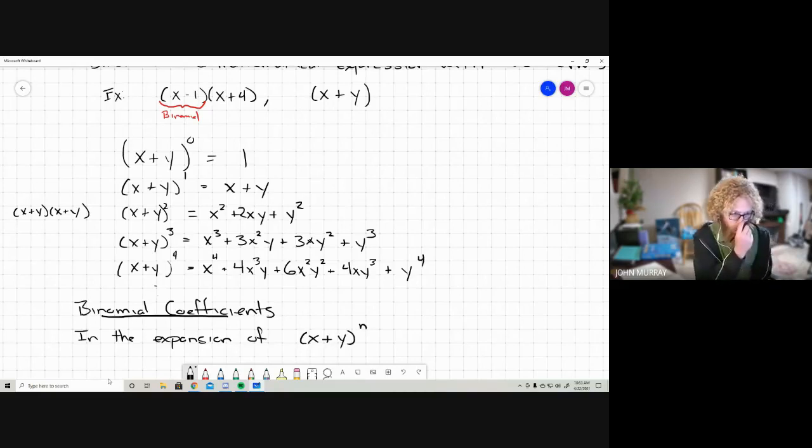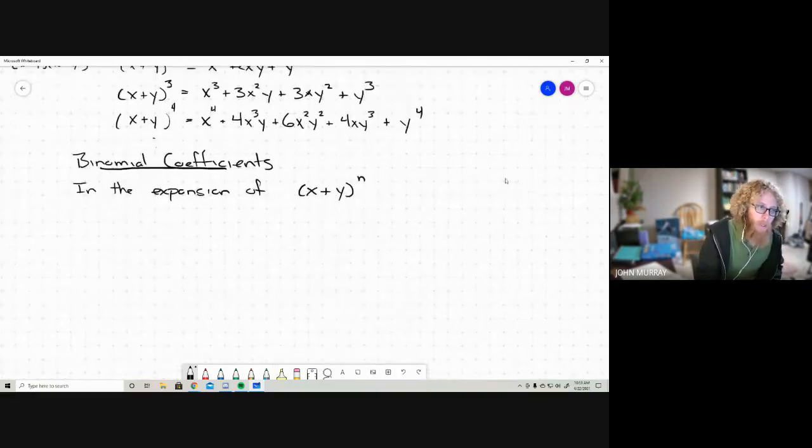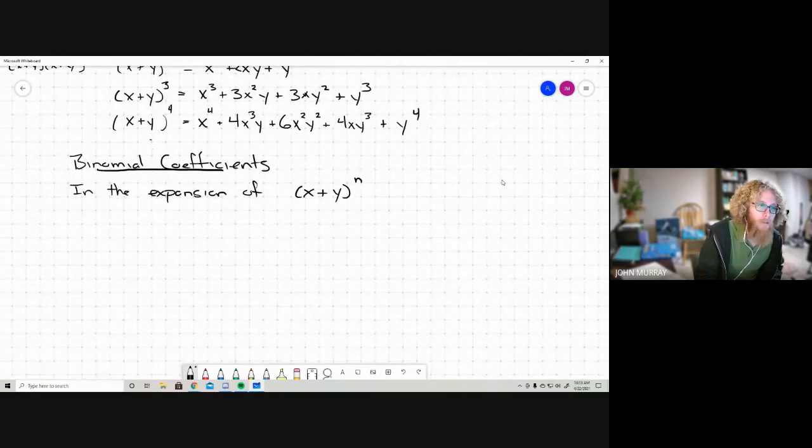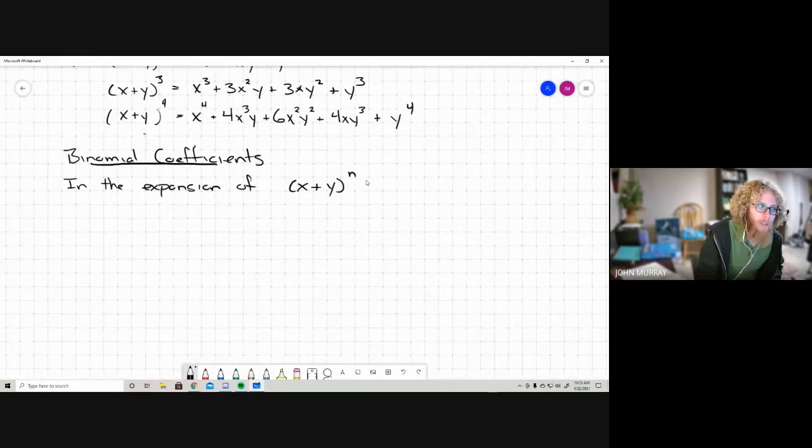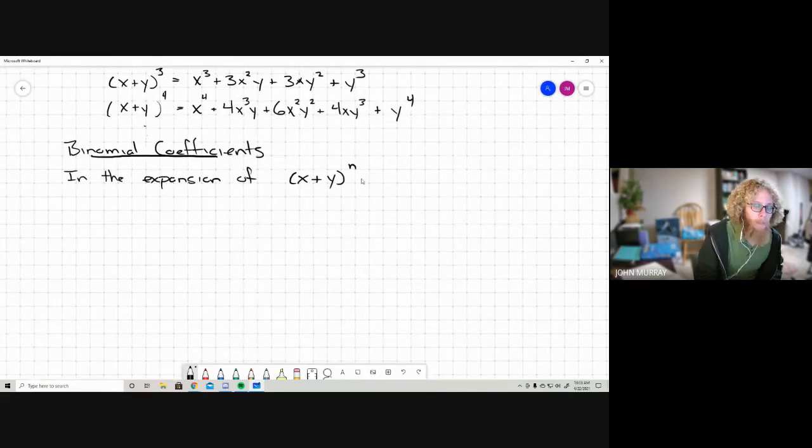All right, so we're going to consider the expansion of (x plus y) to the n. And again, just like before, n just means it can be any whole number. So we're considering any of the powers. It could be anything.